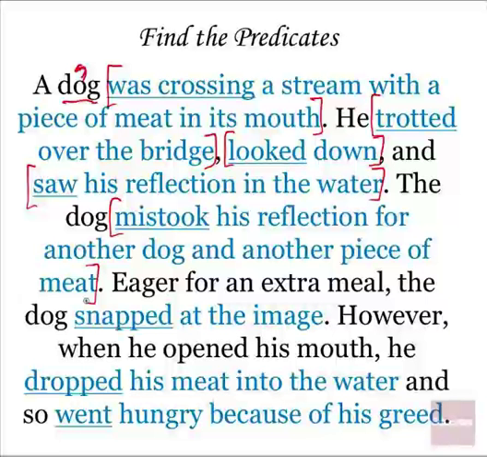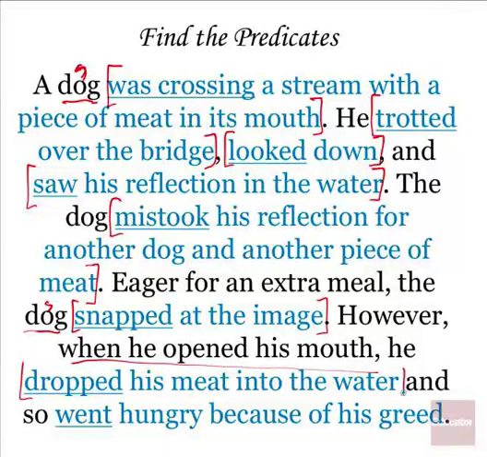Eager for an extra meal, the dog, which is our subject pretty much the whole way through, snapped at the image. However, when he opened his mouth, which is a subordinate clause, so we're not looking at it today, he dropped his meat into the water and so went hungry because of his greed. In each case, the predicate of the sentence is the action performed by the dog.